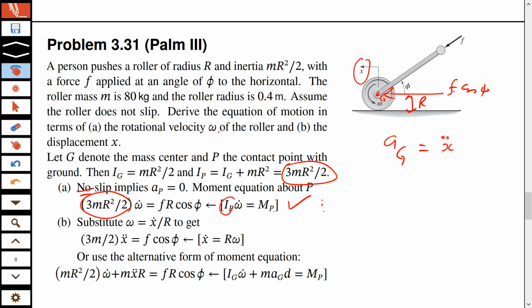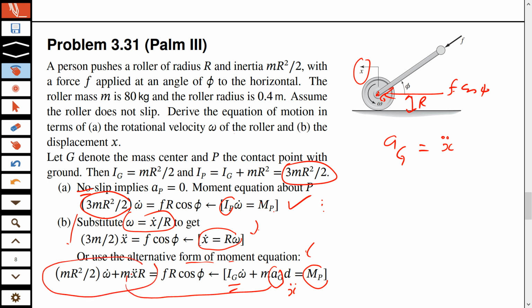और उसके बाद आप part B के लिए आप सिर्फ ये फार्मूला लगाएं, because x dot is equal to r omega, so आप जो है ना ये इसको चेंज कर सकते हैं. Or if you don't want this simple method, if you want to solve this directly, then choose the alternative form. You still go with MP, but this time you use IG omega dot or x dot. यहाँ पे क्या है? तो x dot IG की जगह plug करके you can still get this.